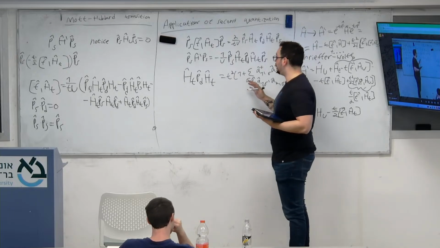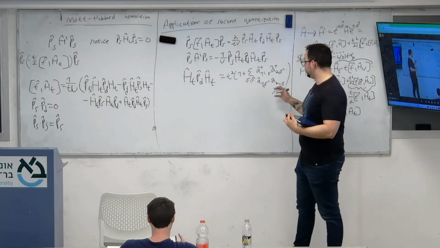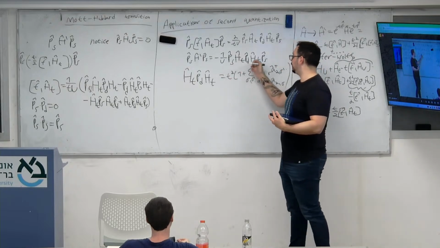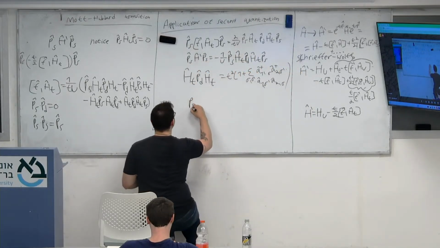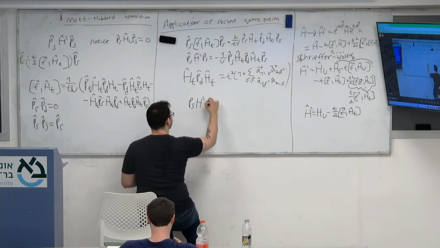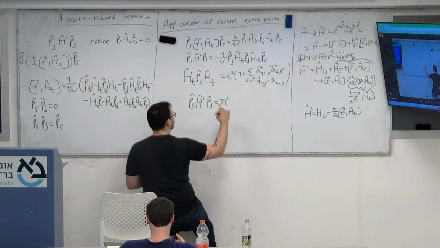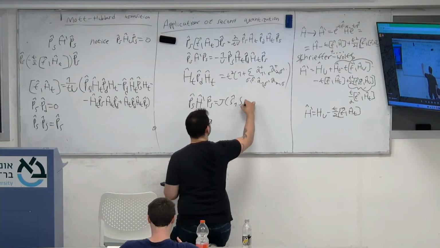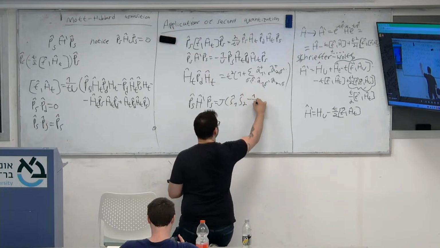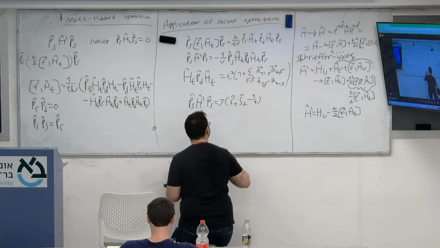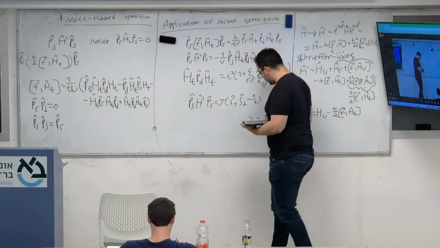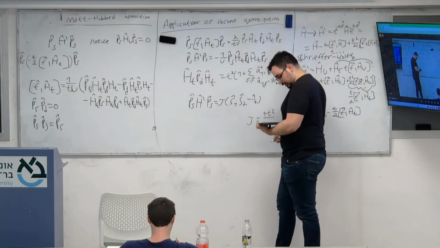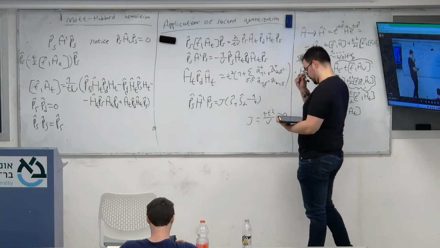Again in your homework, using this solution and putting it in this equation right up here, you'll find that H tag is J over 4, where J is equal to 4t squared divided by U, equal to 0.